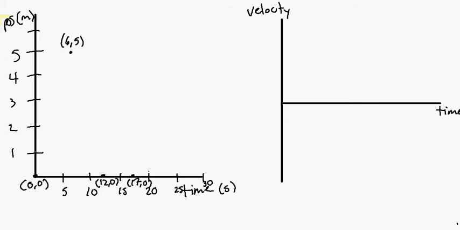And we also know that that's going to be bringing me to the center of the board, which is a position coordinate of 2.5. Which means that we'll have this point at 23, 2.5. And if I stay there for the last 5 seconds, then that will maintain the position at 2.5, and I will stay there until 28 seconds, meaning that I will have the point 28, 2.5 on there.